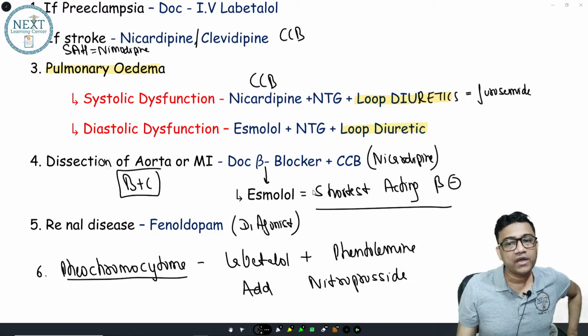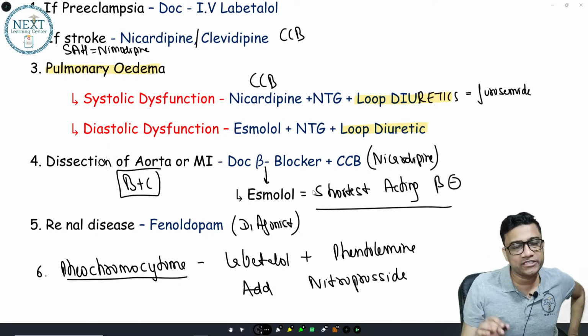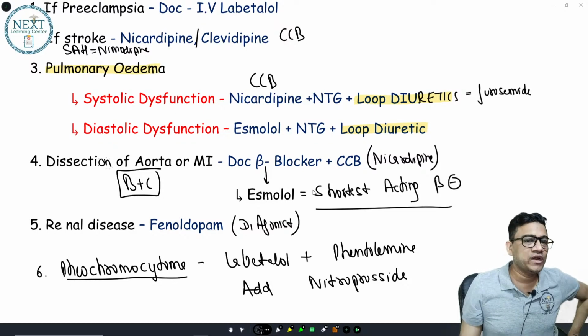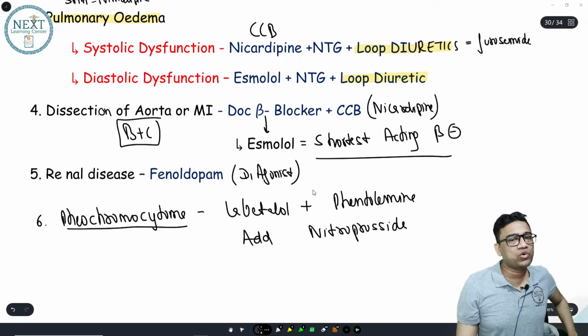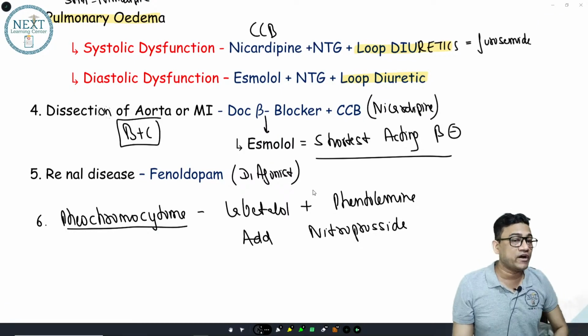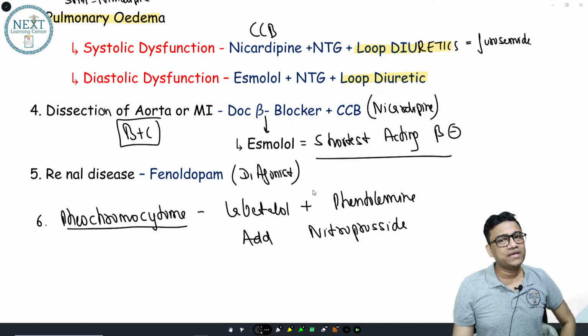Main drugs are loop diuretics and also anti-G. If systolic dysfunction, we don't use beta blocker, so we'll use CCB. Beta blocker, esmolol is a beta blocker used in emergencies. If there is myocardial infarction or dissection of aorta, then you will use esmolol. Esmolol plus CCB.